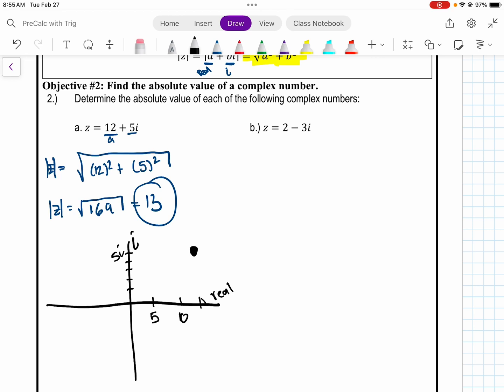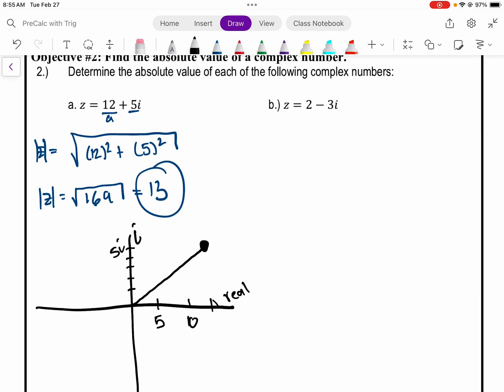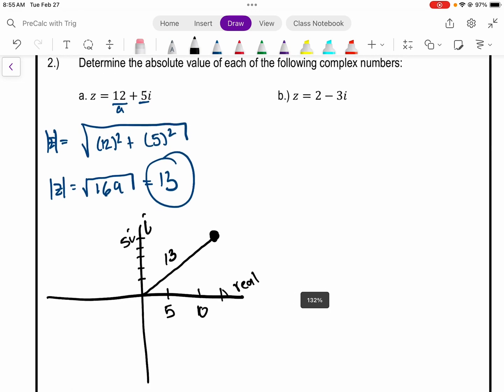What you just found is the distance of that point to the origin. So you found basically the radius, if this was a circle. We basically just used the distance formula, and notice that we've been using the distance formula a lot. So again, what did you find? You found the distance from this point to that point, which means you are 13 units away from the origin. All right, so that's basically what you're finding.